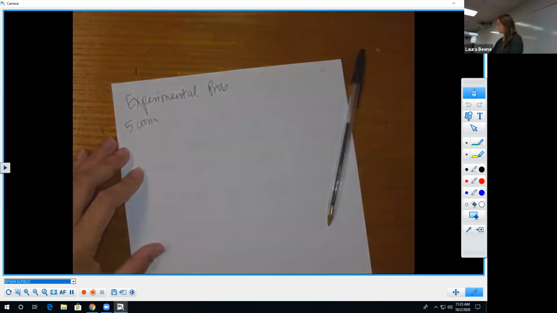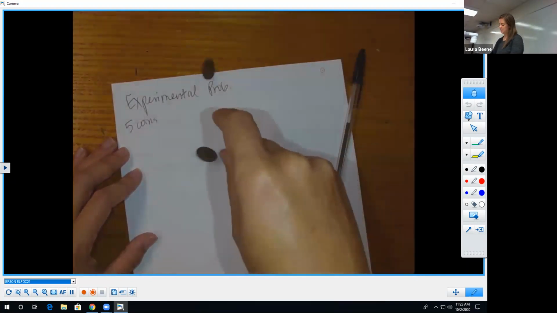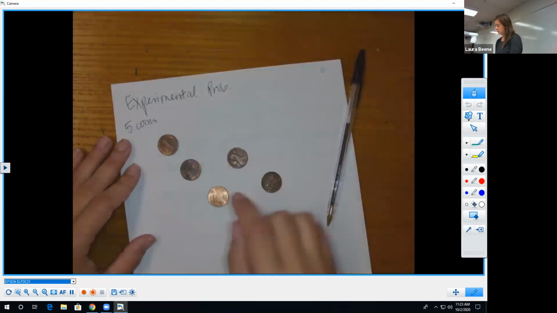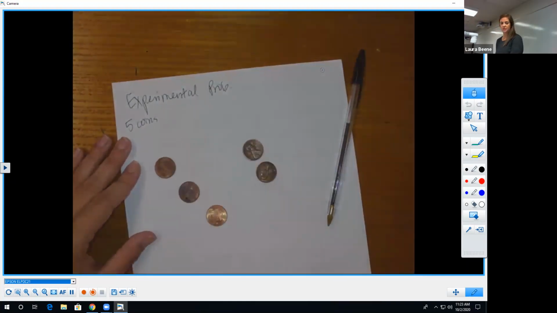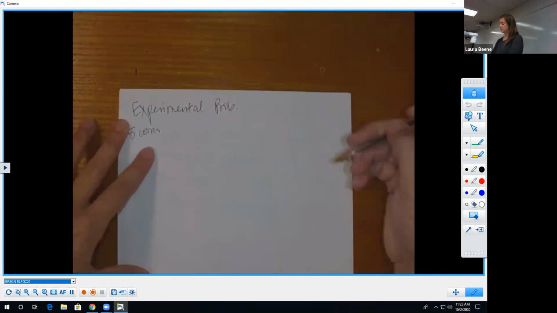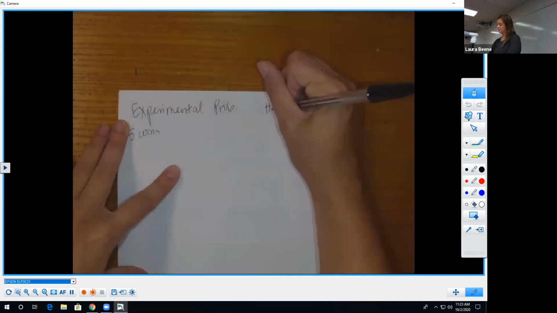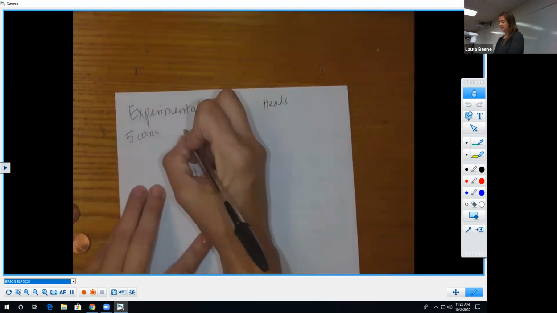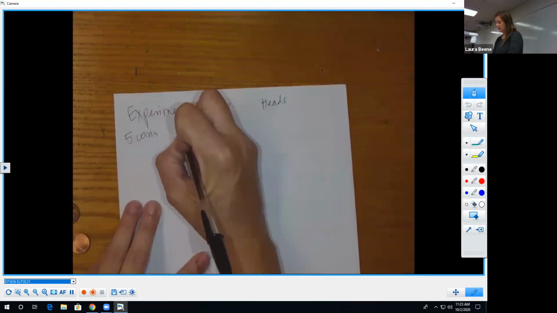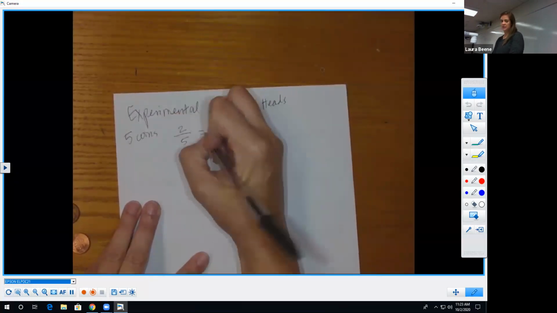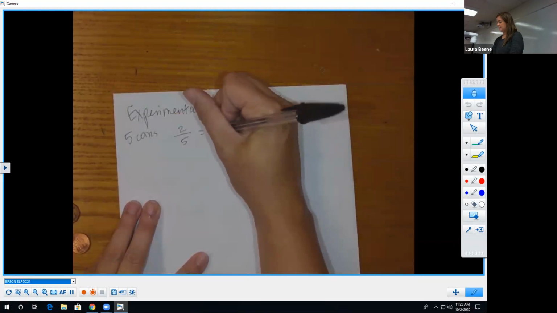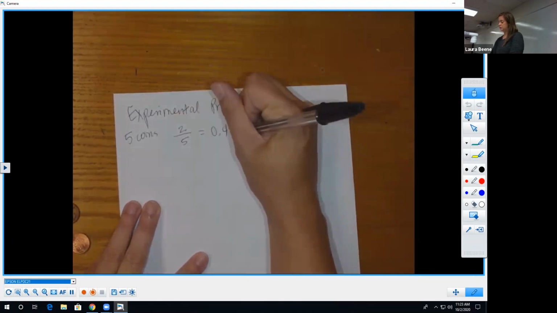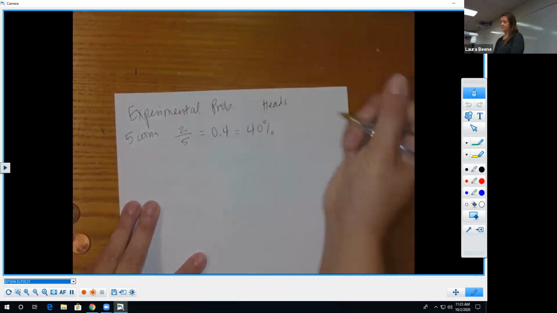If I toss 5 coins and shake them up, I have 2 heads and 3 tails here. We're trying to get heads, so I got 2 heads out of 5 coins, and that would be 4/10, which would be 40%.